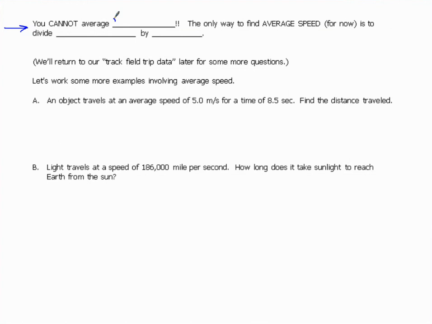But the first thing to note here is you cannot average averages, meaning that you can't take two average speeds and put them together and find a new average. A lot of times it's not going to work. The only way to find average speed for now is to divide the change in distance by the change in time.